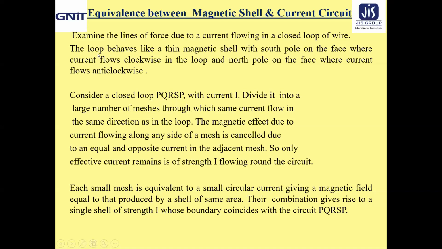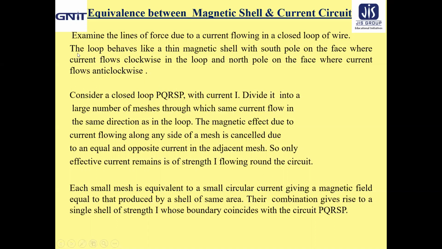It is found that the loop behaves like a thin magnetic shell. A current carrying closed loop behaves like a thin magnetic shell with south pole on the face where current flows clockwise and north pole on the face where current flows anti-clockwise.